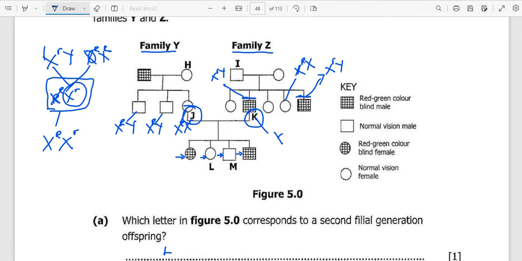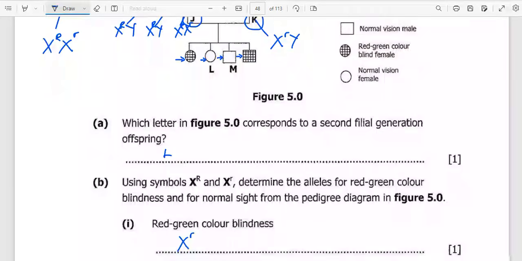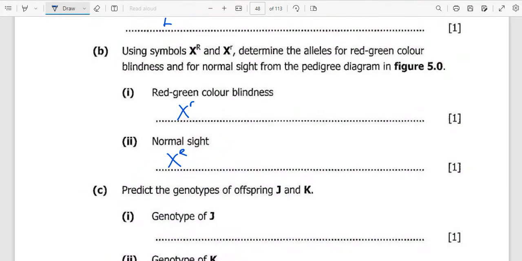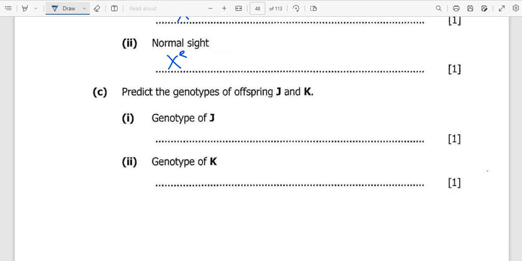So let us write. J is female, so she was a carrier. And then genotype for K, K is male, so this one had color blindness.